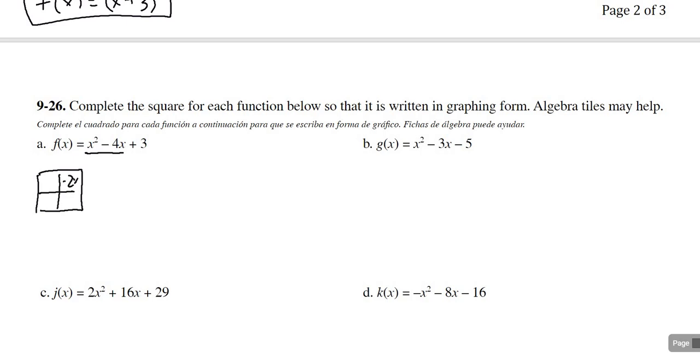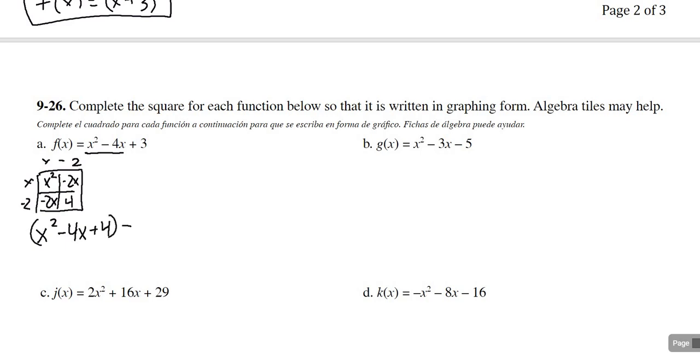So minus 2x, x squared goes here. Then I do the outside, x minus 2, x minus 2. I square negative 2, I get positive 4. This equation I rewrite as x squared minus 4x plus 4.